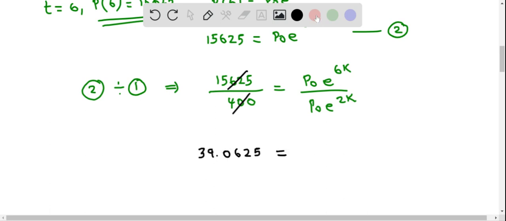And this equals, we can cancel the P naughts, and we can simplify e raised to the power of 6k divided by e raised to the power of 2k using the law of exponents. That is, the powers get subtracted. 2k is subtracted from 6k, which is 4k. So I can write this as e raised to the power of 4k.